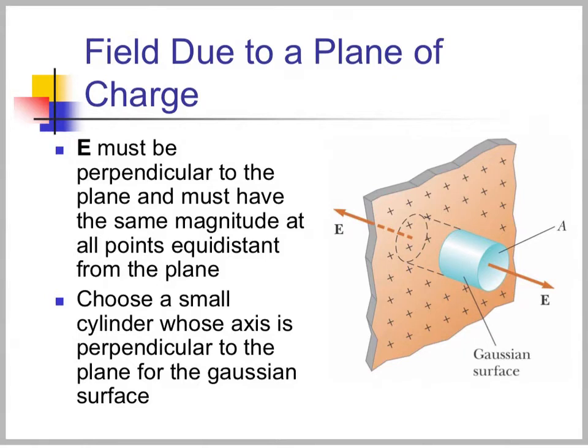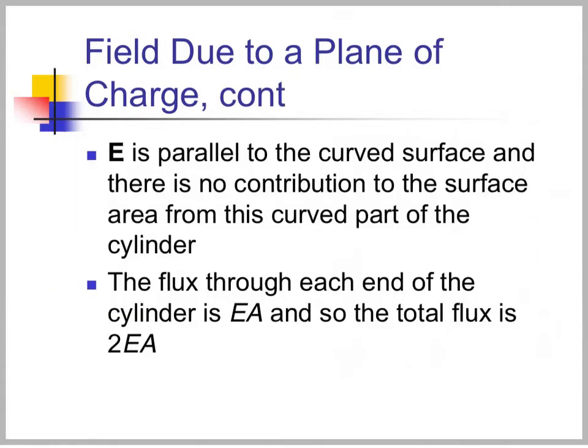And we draw our Gaussian surface so that it is bisected by this plane of charge. So E is parallel to the curved surface, and there's no contribution to the flux from the curved part of the cylinder. The flux through each end of the cylinder is E times A. So then the total flux through the cylinder is just 2 times E times A.